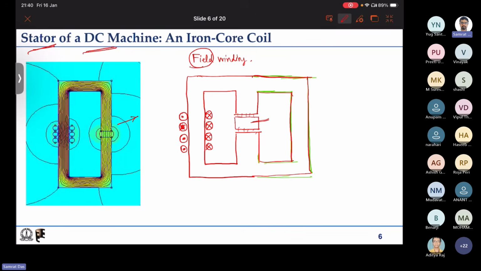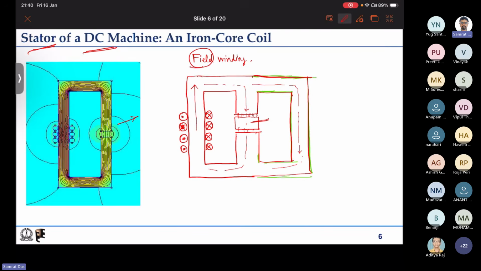But here, what is happening? This is the source of the magnetic field. Some part of the flux flows through one limb, and some other part flows through the other. But our purpose is to produce a high magnetic field in this region. For that, we need the source to be in the middle limb.